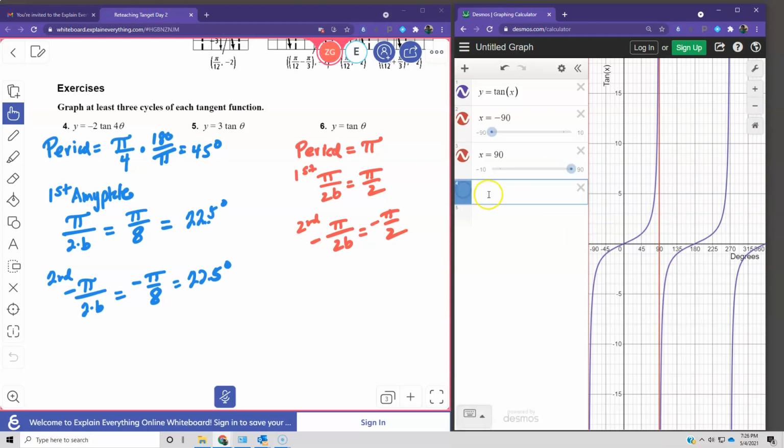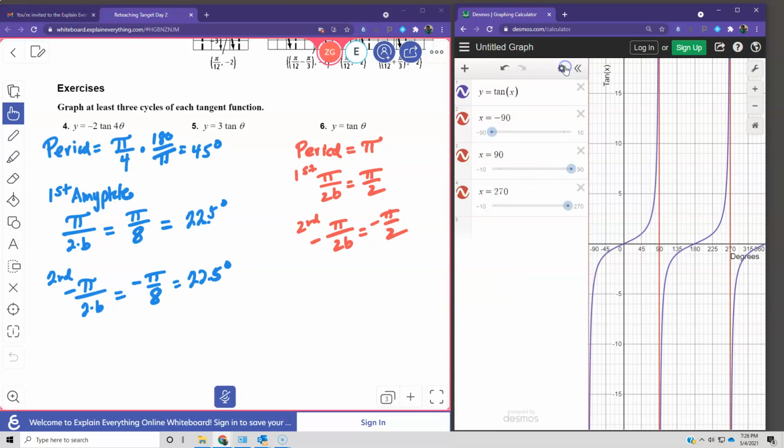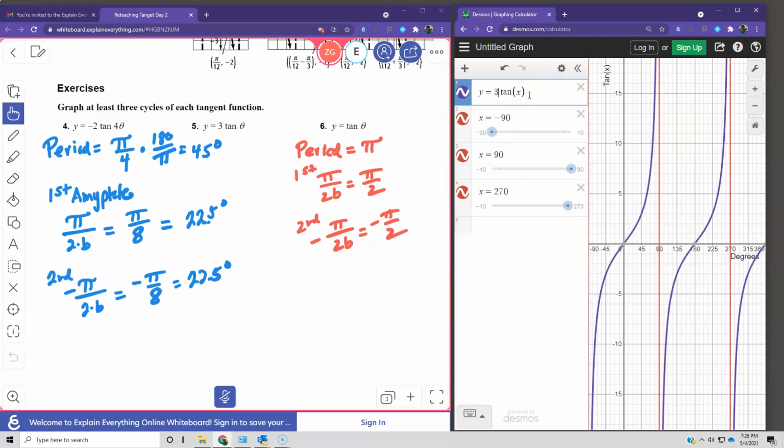And so all you would have to do is add 180 to 90, so it's going to be x equals 270. So you can see 2 or 3 cycles there. And you're going to notice that there isn't going to be a difference between the 2 graphs. The only thing I have to add is a 3. Slightly different, that's all it is. But it's basically the same. So 5 and 6 have the same information. The only difference is the amplitude, and it's very negligible, okay?